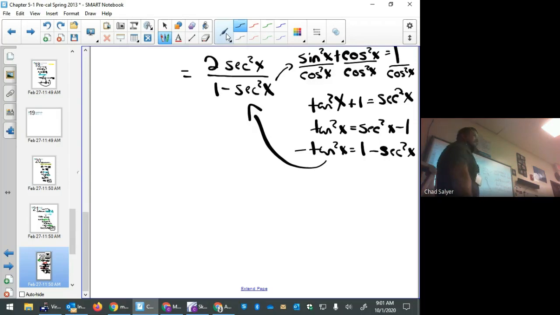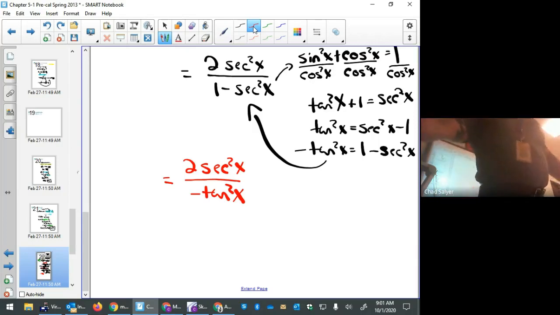So I can replace that denominator with negative tangent squared x. So if you made it to this point in a problem, I would be well pleased. Man, these are hard.